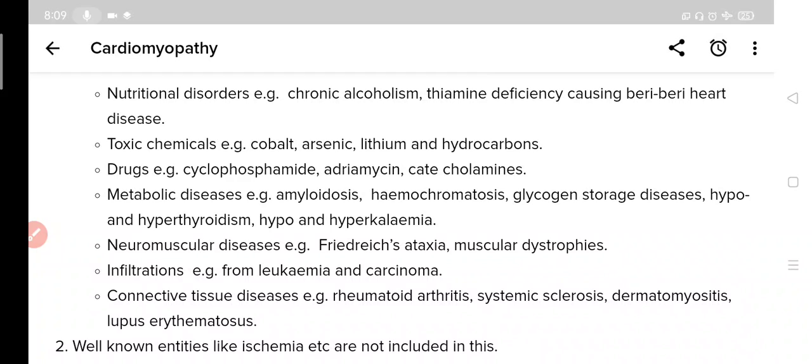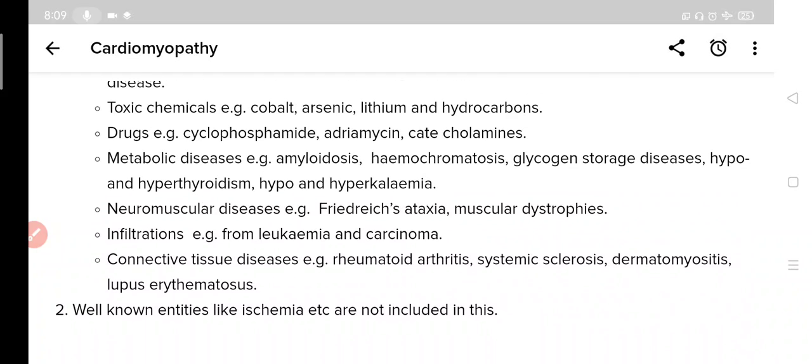And then again the point to remember here is that well-known entities like ischemia etc. are not included in this. What does this mean? This means that ischemia and some other diseases also cause cardiomyopathies. Like in ischemia there is infarction, there is death and necrosis of cardiac tissues.